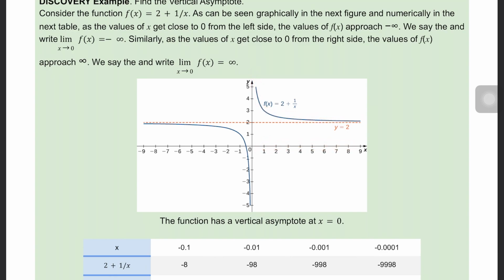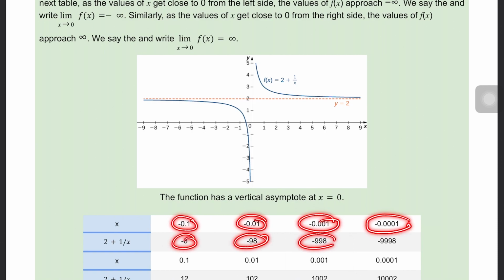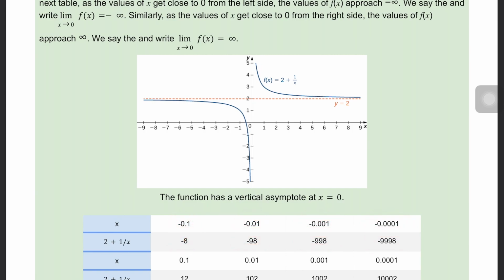So we have to be a little more careful here, because we're approaching different values. We can see that also in the table. As x gets closer to 0 from the left side, the values of the function are getting closer and closer to negative infinity. And if you're coming from the right side, the values of the function are getting bigger and bigger.